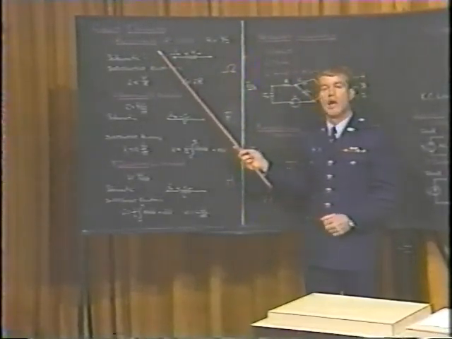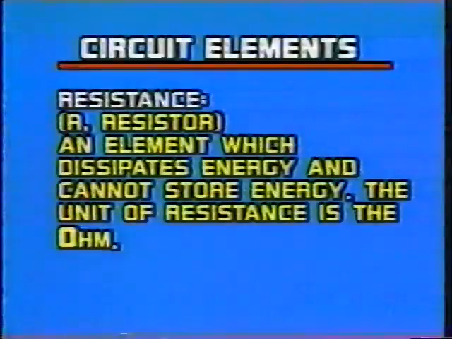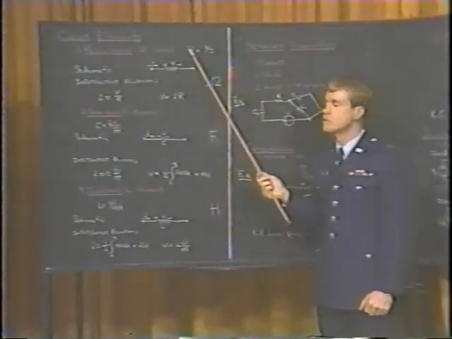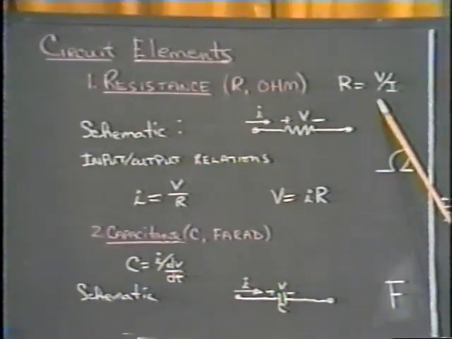The first element we'll want to talk about is that of a resistor. We'll use the symbol R for a resistor, and we'll measure the resistance in ohms. This is what we'll term Ohm's law for the resistor, the fact that resistance is equal to the voltage across the resistor divided by the current through the resistor.